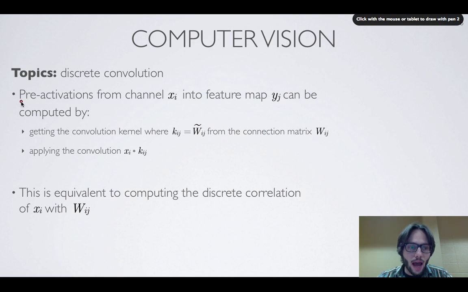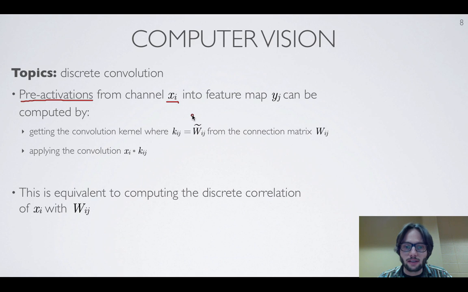So actually, the pre-activations that are going to be computed from channel xi in order to compute the feature map yj, where yj would be after the nonlinearity here, I could compute that part of the pre-activation by just deriving a convolution kernel, which is going to be my connection matrix wij in my convolutional neural network, and then flipping its columns and rows.